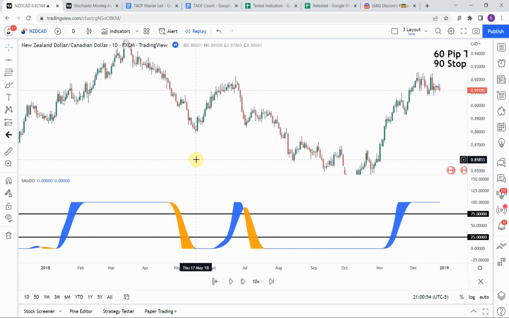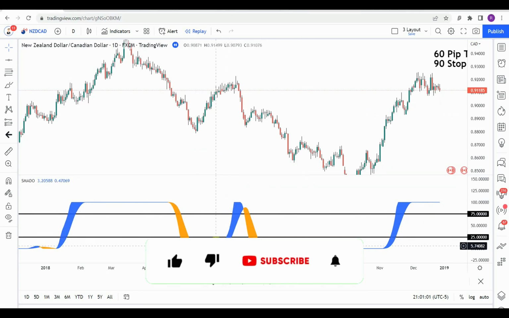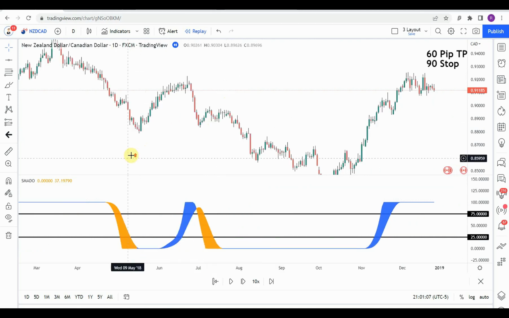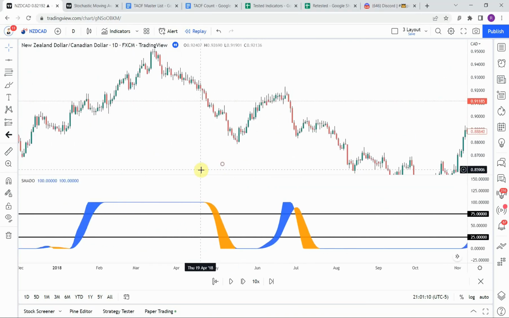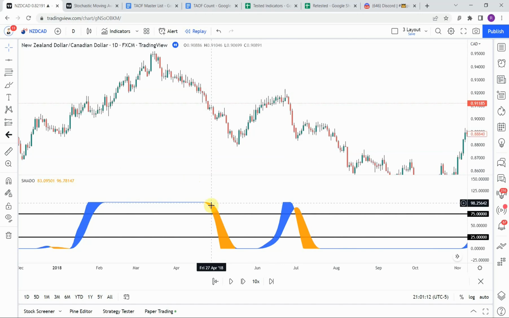And so we have the blue ribbon type oscillating line here that rises up as price is trending upwards, as we have upward momentum. And then we have the orange ribbon here that starts to move downward as price trends downward, with downward momentum.